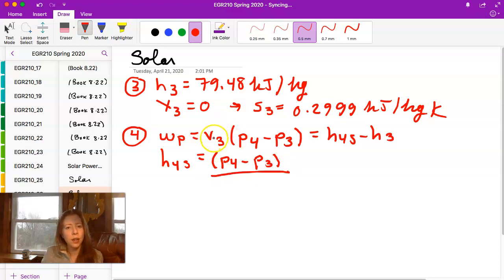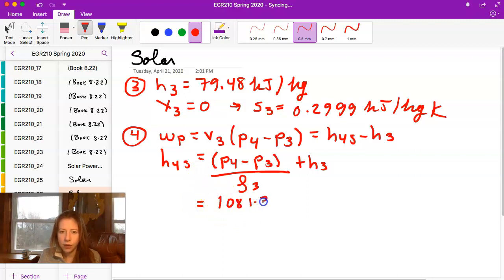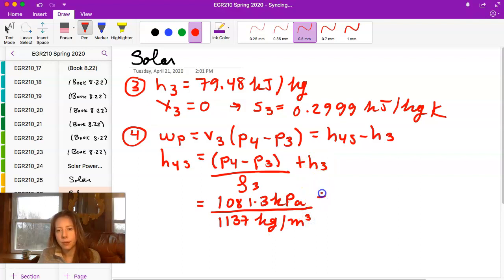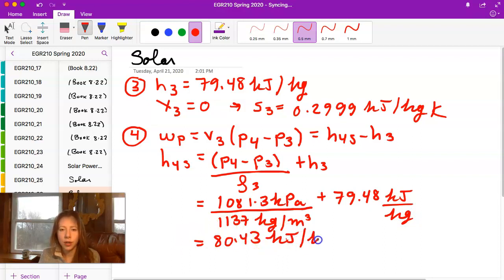And then we were given the density at state 3, and remember 1 over density is specific volume, so we can rewrite this as P4 minus P3 over density at state 3 plus H3. And this will give us 1081.3 kilopascals is the difference, divided by 1,137 kilograms per meter cubed, plus 79.48 kilojoules per kilogram, which is going to give us 80.43 kilojoules per kilogram.